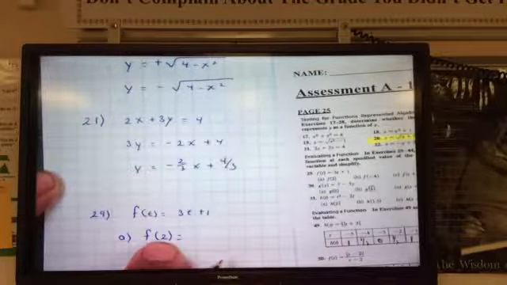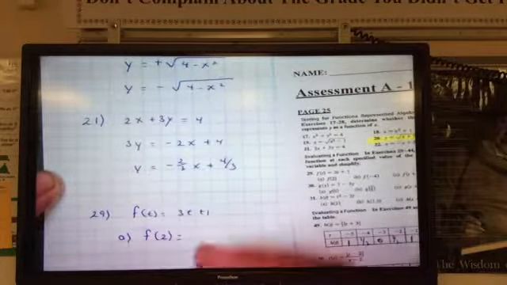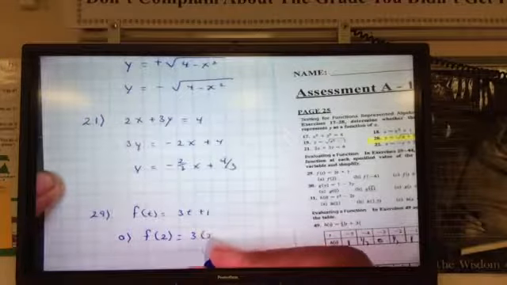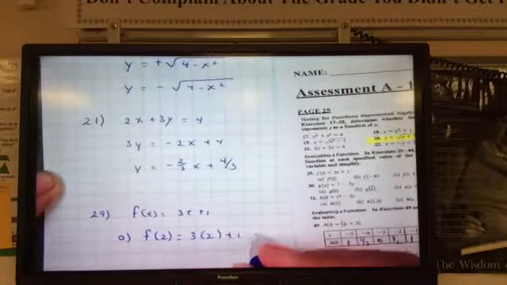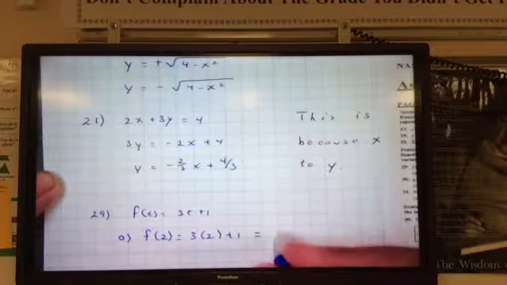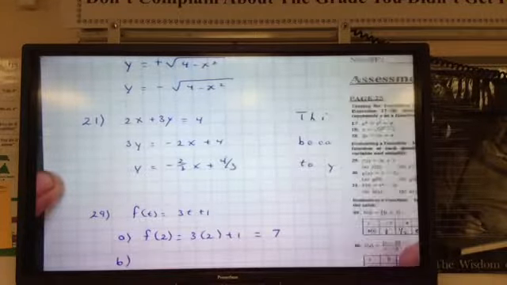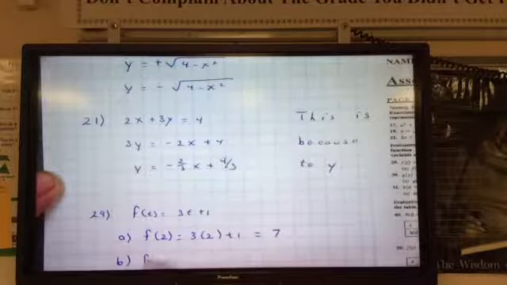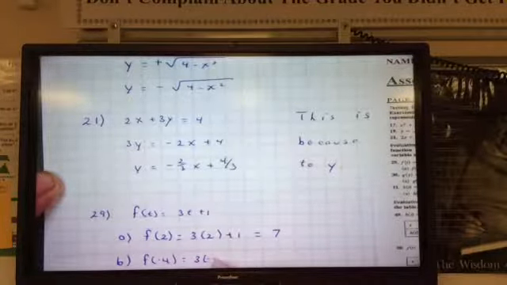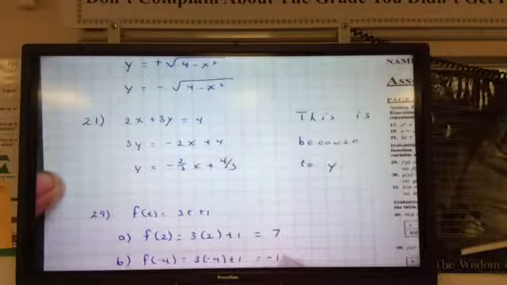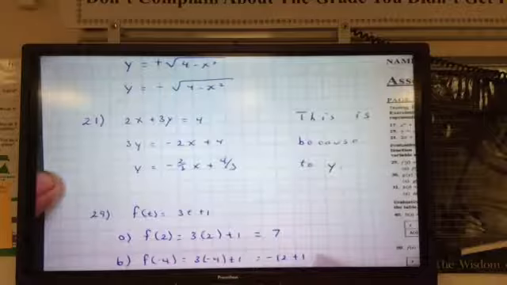This means since t is 2, we'll take the t out, put in a 2. And now we have a 7. Part B says the value of t is going to be negative 4. So f of negative 4 will be 3 times negative 4 plus 1. So this is negative 12 plus 1. And we have negative 11.